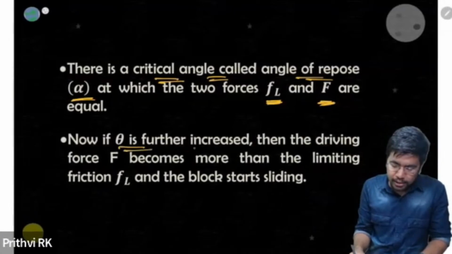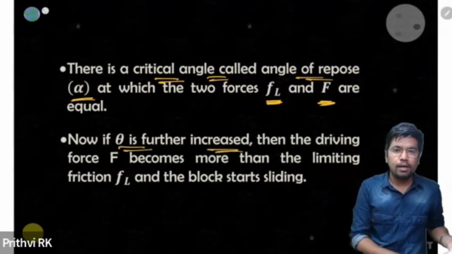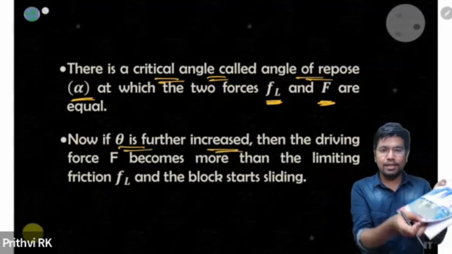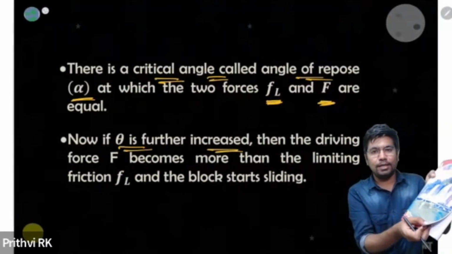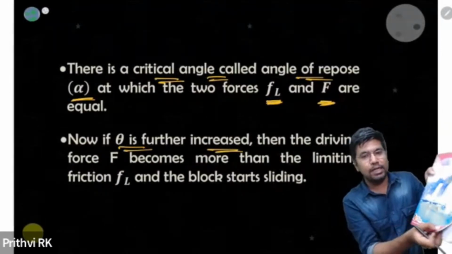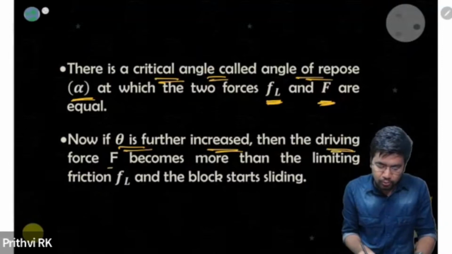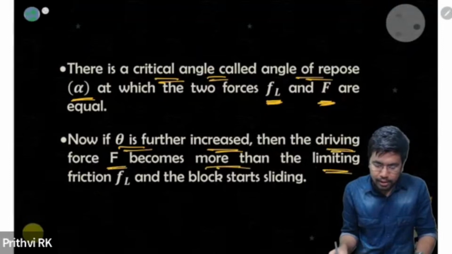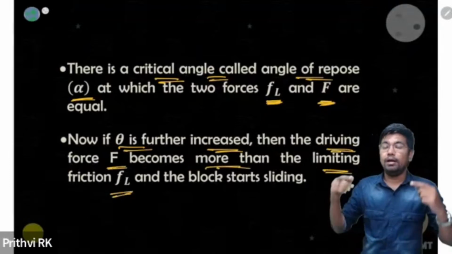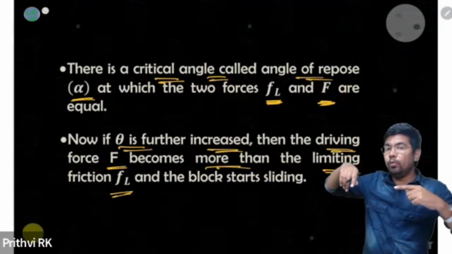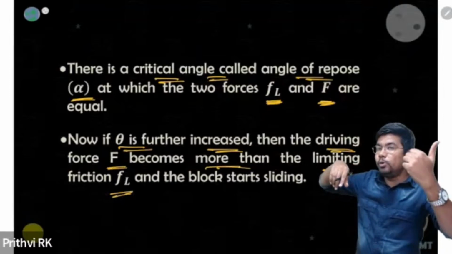Now, if theta is further increased, like this notebook, which is initially at this angle, and I increase it even more, what will happen? The driving force F becomes more than the limiting friction FL. The force downward will be more than the friction that is upward.